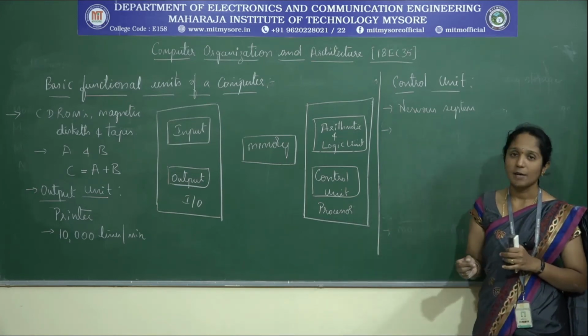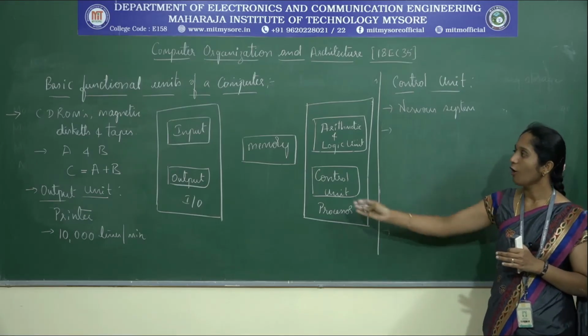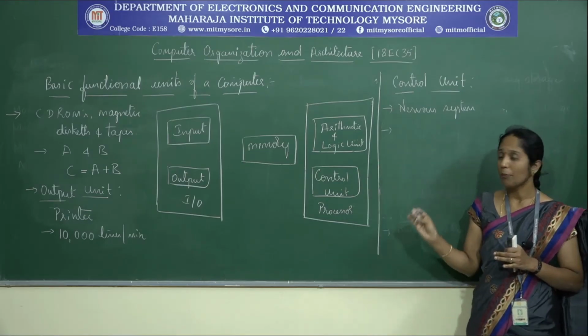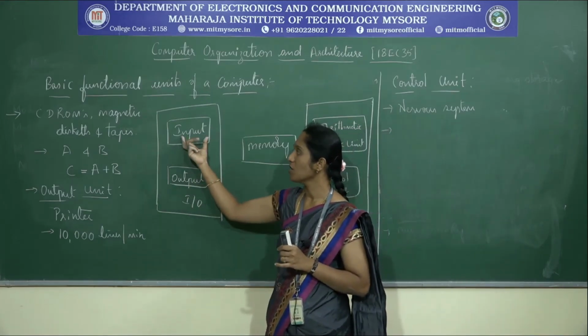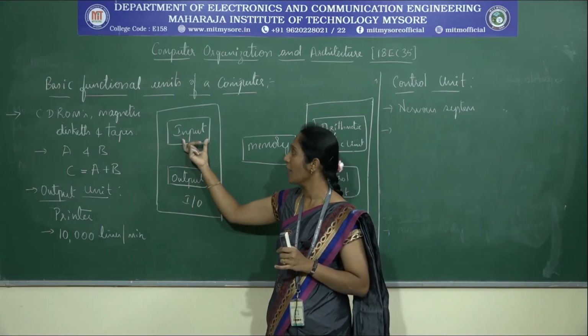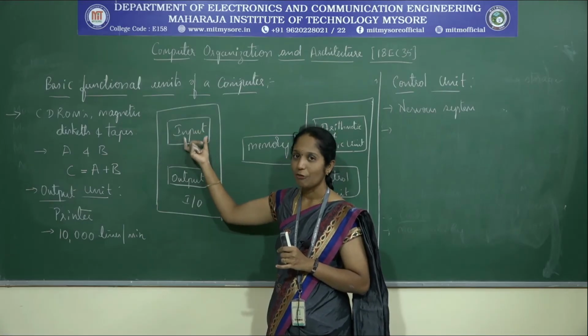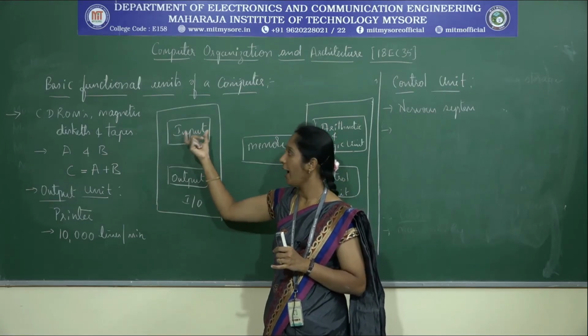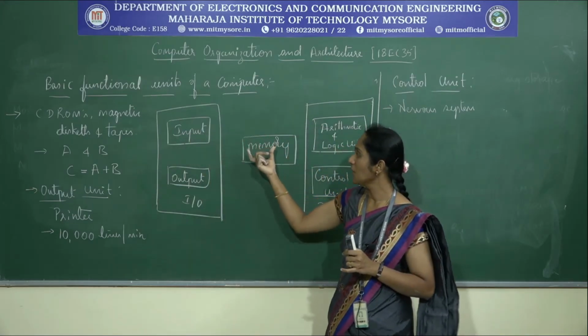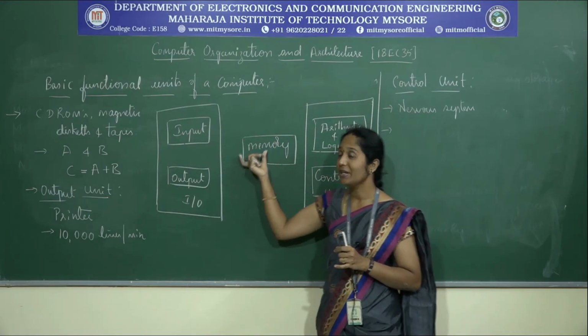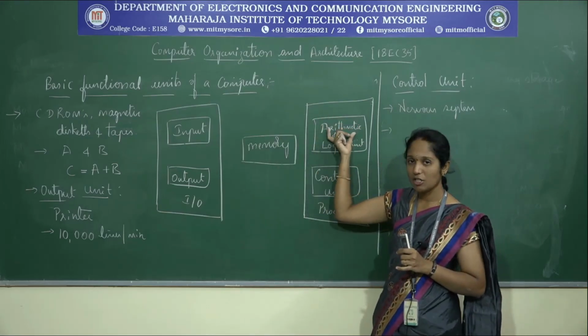Now let us summarize the operation of the computer system. The computer system accepts the input information in digitized format through the input devices, which read the given information. Once the information is ready in digital format, it is given to the memory, or it can be directly given to the arithmetic and logic unit.